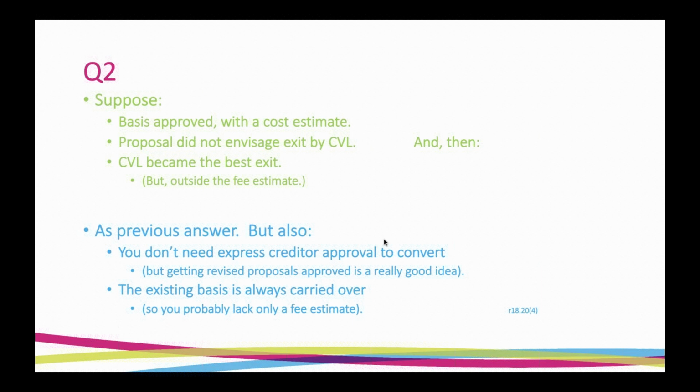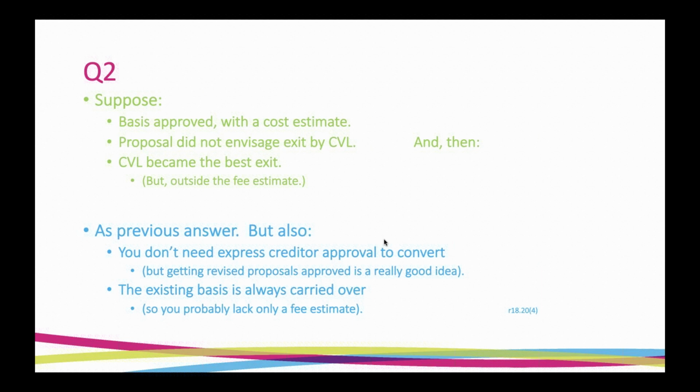The first one is that you actually don't need express creditor approval to convert, but I think most administrators in this case would want to circulate revised proposals and would ask for them to be approved by creditors, and it would probably make sense to tack on the proposal or the resolution for varying the basis for your remuneration or for varying the estimate to that proposal as well.